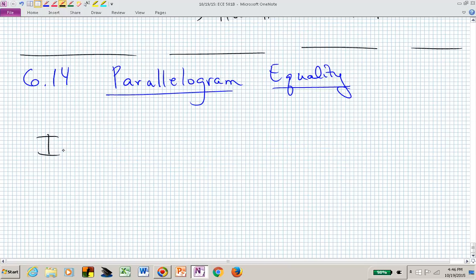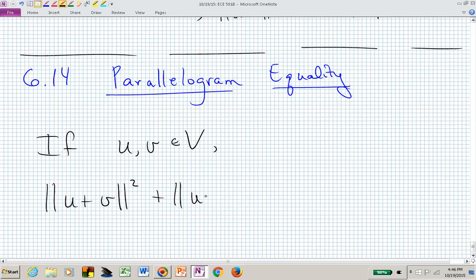It says that if, again, we have two vectors, u and v, in a vector space, then if we take the sum of those two vectors and find the norm and square it, and then we take the difference between u and v, find its norm and square that, that's going to equal 2 times the norm of u squared plus the norm of v squared.